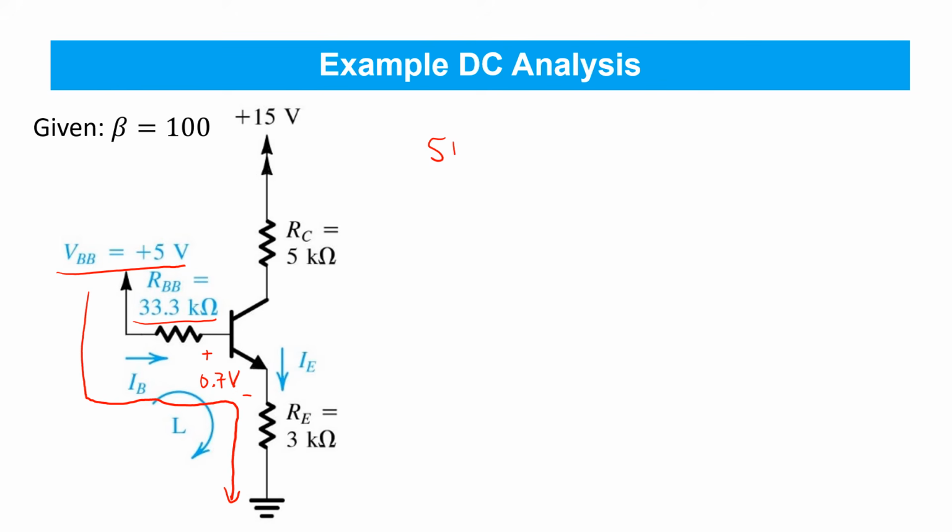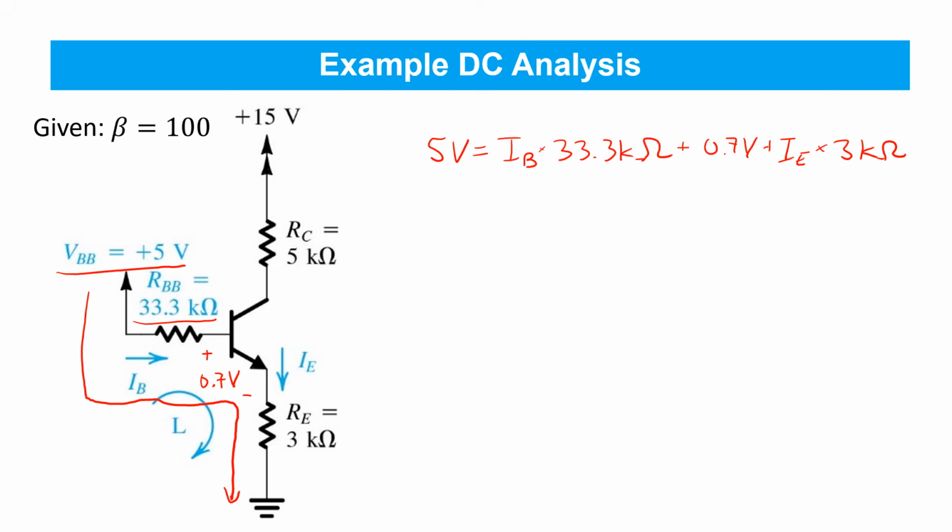It says 5 volts is equal to the base current times 33.3 kilo ohms, that's the voltage drop across RBB, plus 0.7 volts, the base emitter voltage drop, plus the emitter current times RE, 3 kilo ohms.